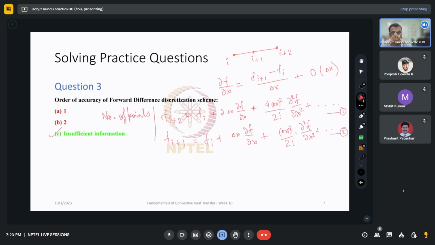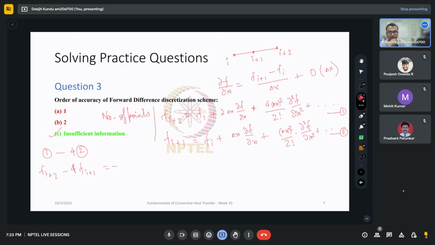Then if I try to eliminate this, I'll take equation 1 minus 4 into equation 2. So what will I get? f_{i+2} minus 4 f_{i+1} this side.